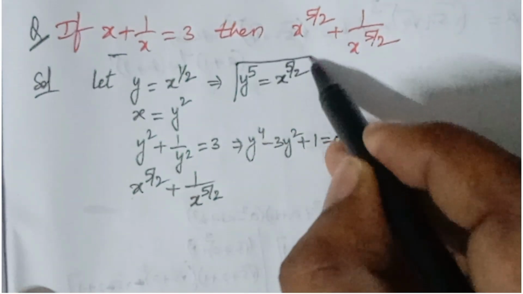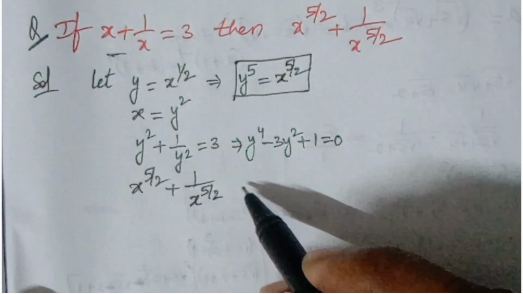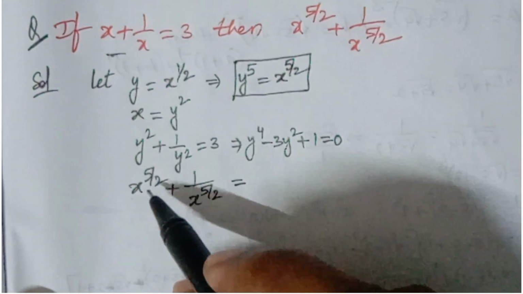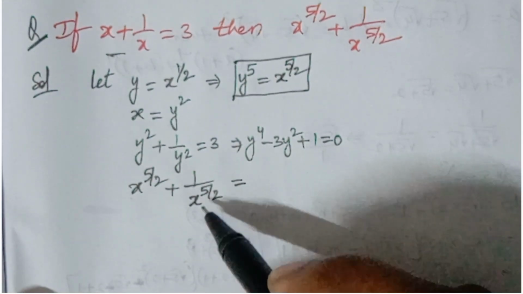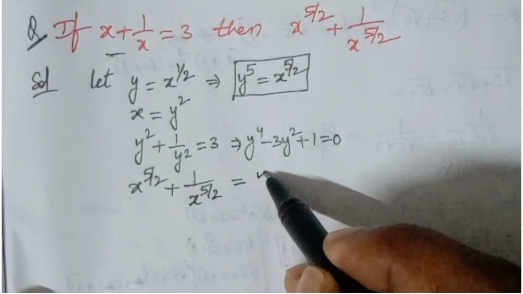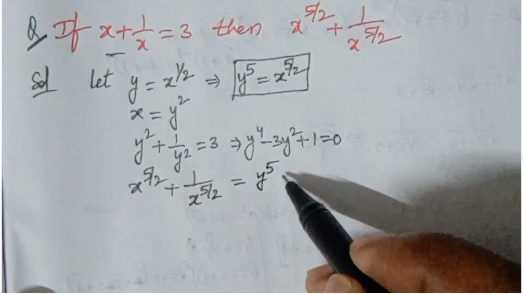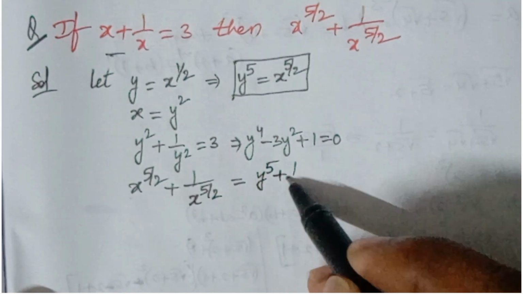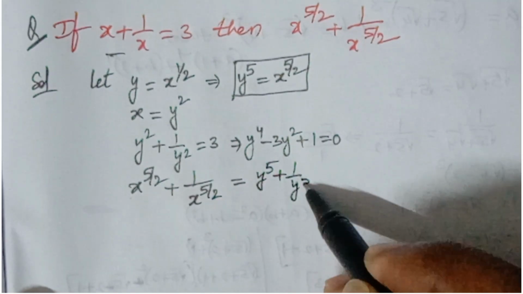From this we can say that x to the power of 5 by 2 plus 1 by x to the power of 5 by 2 will be equal to y to the power of 5 plus 1 by y to the power of 5.